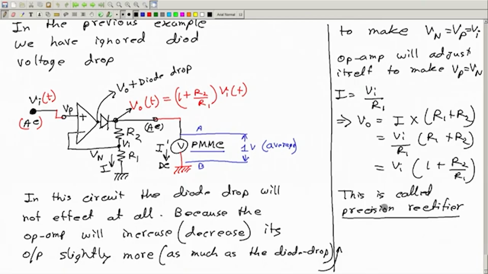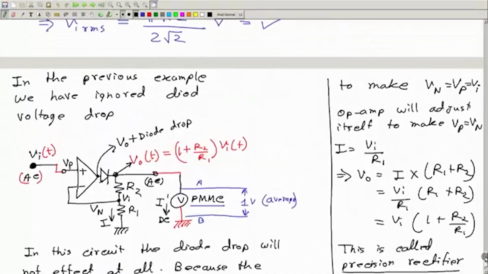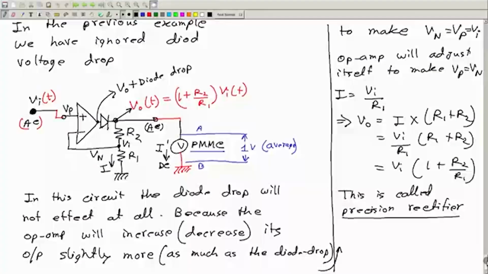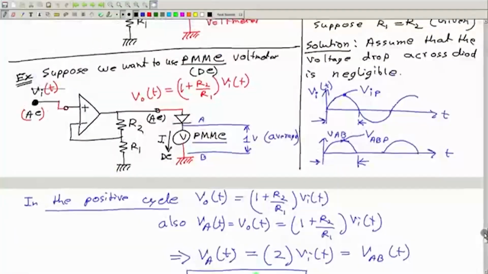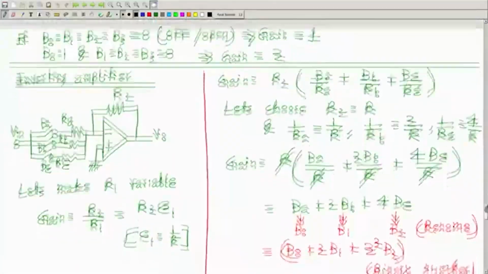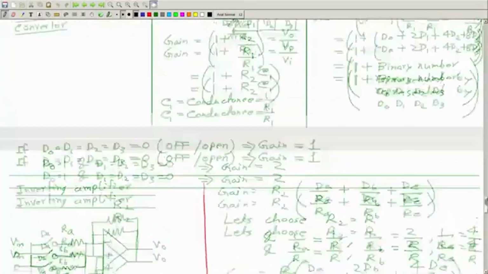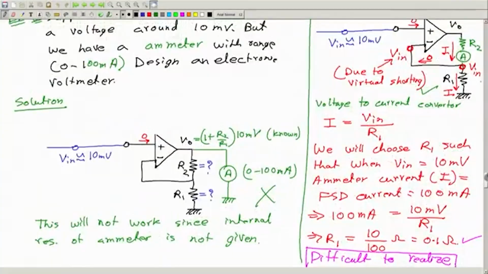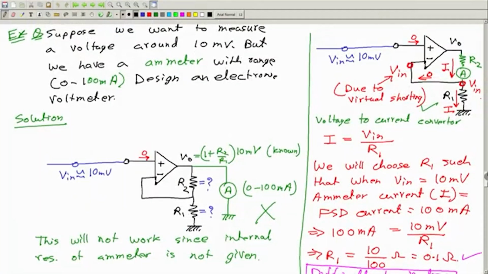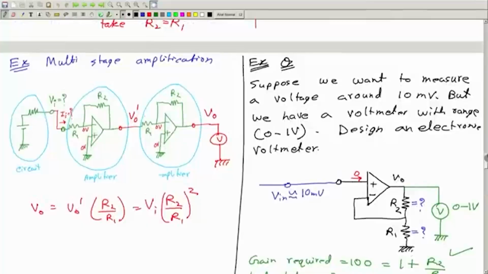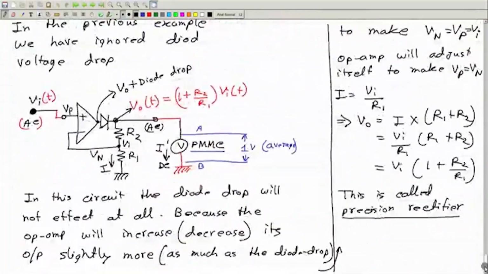In this way we have taken different examples for AC circuits and DC circuits. So this was the AC half wave rectifier. Previously, while discussing DC circuits, we talked about voltage to current converter and a lot of different things. So let me take another example today.